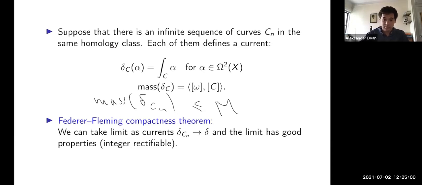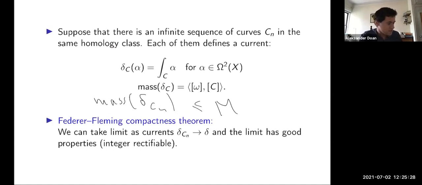So just passing to a limit as a current is too weak, because currents can be some very crazy functionals on the space of 2-forms. But there is this notion of a good current, the one which is integer rectifiable, and the Federer-Fleming theorem says that this space of integer rectifiable currents of bounded mass is compact.